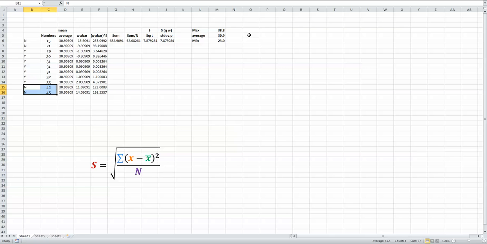Now watch this. Let's find out what percentage of the population is within that standard deviation. So we know that 7 people were fitting inside out of 11. So here is the percentage.